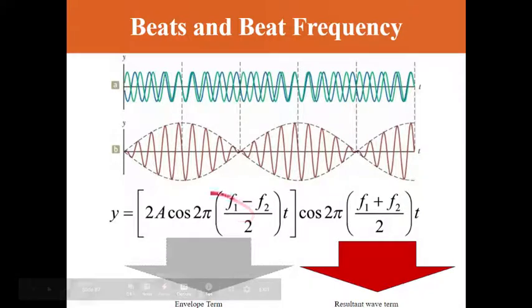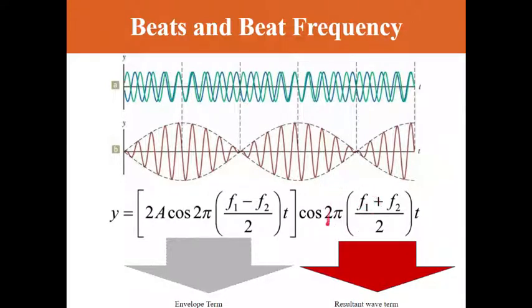This term is responsible for modulating the amplitude of a beat as the beat occurs. You'll know that a beat starts off with no amplitude, then reaches max amplitude, and then goes back to 0 at the end. The second term here is a resultant wave term.